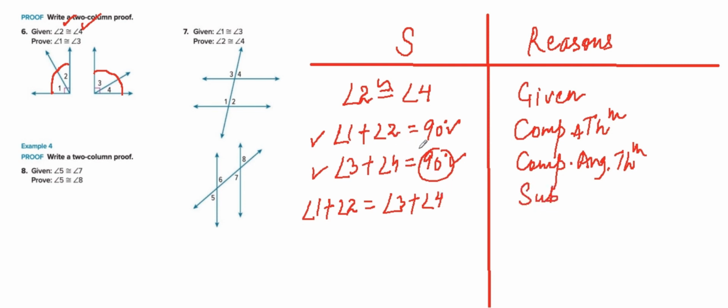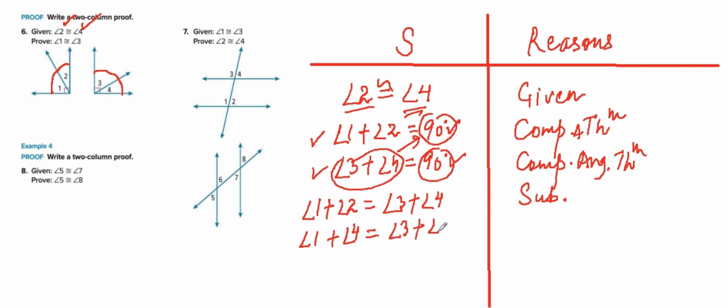In place of 90, I am writing 3 plus 4 because 3 plus 4 is also 90. So you can say substitution. So now what is equal here? Angle 2 and angle 4 are equal. So equal terms can be cancelled out. So you can write here angle 1 plus angle 4, because in place of angle 2 you can write angle 4.